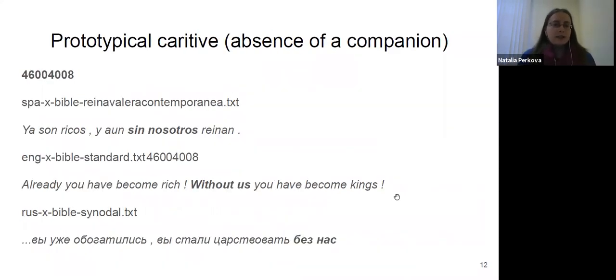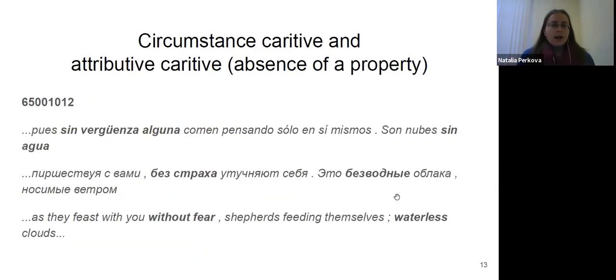For instance, sin can be used in various functions of Caritive. So the prototypical one, when we have in these 3 languages, all of them have Caritive markers. The circumstance Caritive, or these adjunct adverbial Caritive, like without fear.